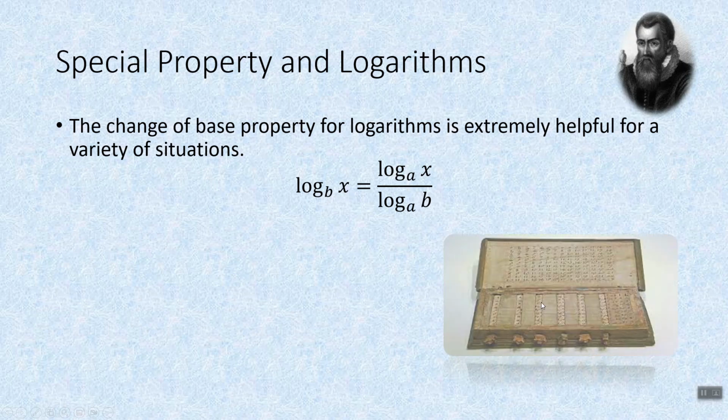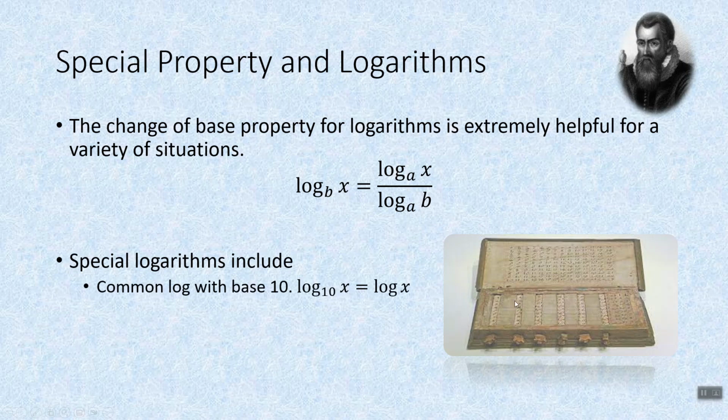We used to have to do logarithms with these things called Napier's rods, and then we had to use slide rules. I don't know who we are because I never did. But some special logarithms you might find on your modern calculating devices are the common log, and your calculator will most likely just have log, and that's assumed to be base 10.